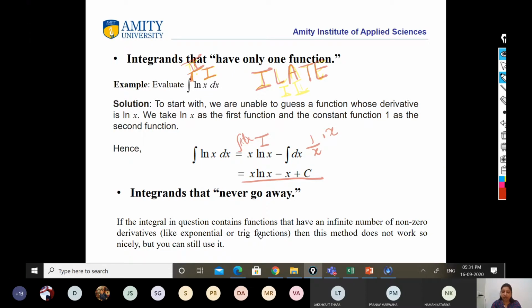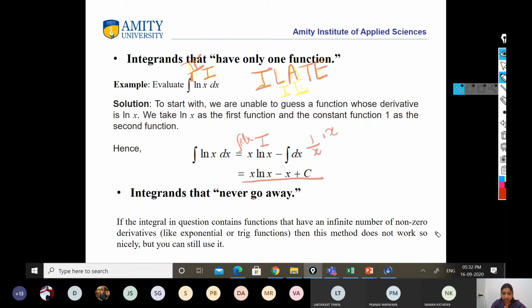But we have different approaches to solve those integrals. Obviously we will choose as the first function one whose derivative after a certain interval becomes a constant. If it is not possible, then we will follow repeated integration or substitution or some other method. So this is what this note states.